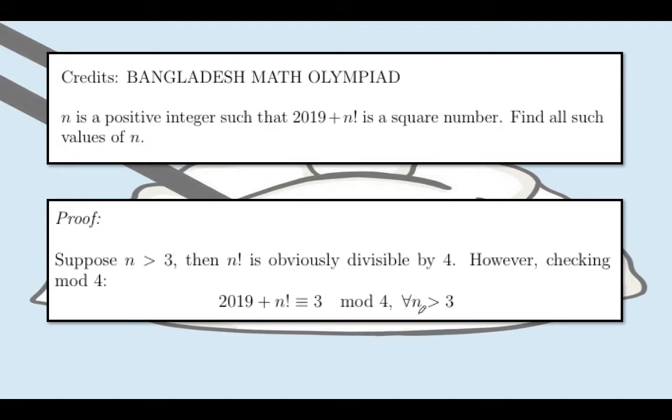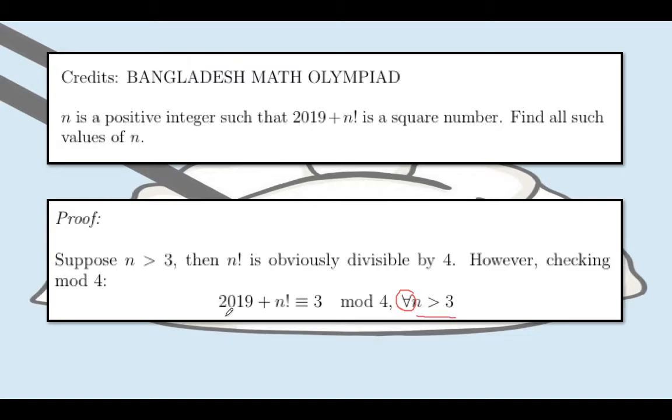Now this symbol here, an inverted capital A, is read as "for all" in mathematical proofs. It means that the statement will hold true for everything that you put after.